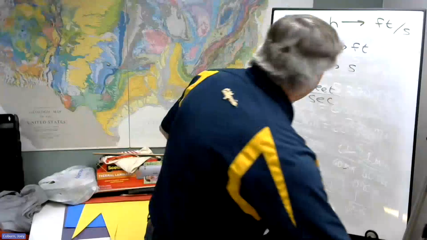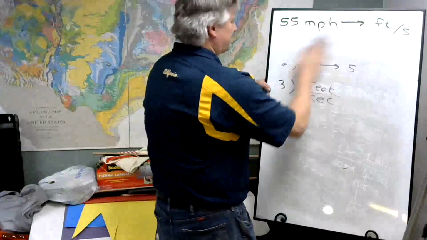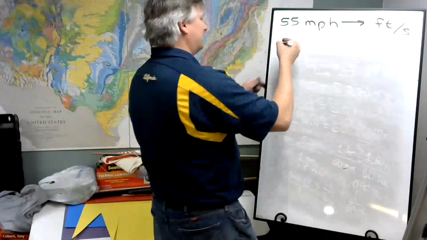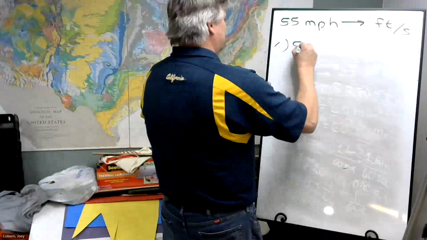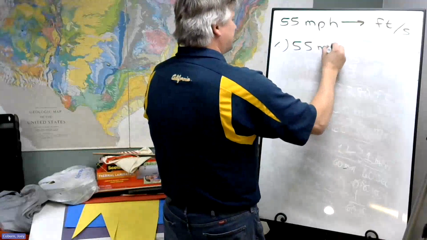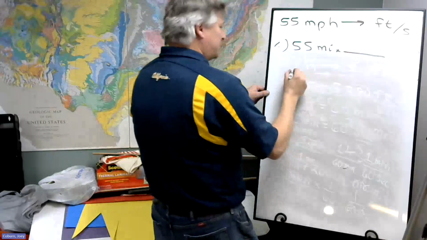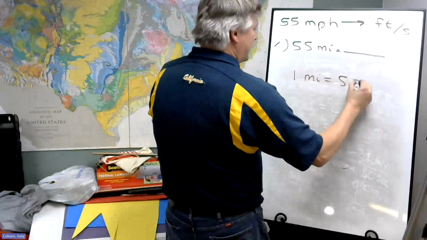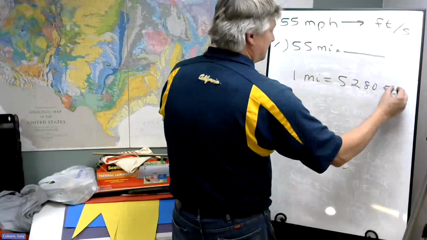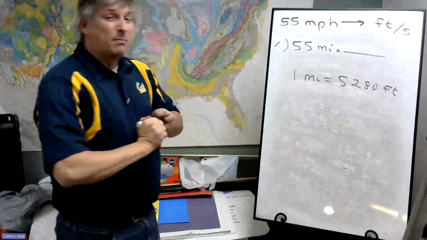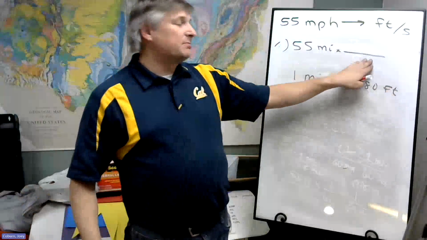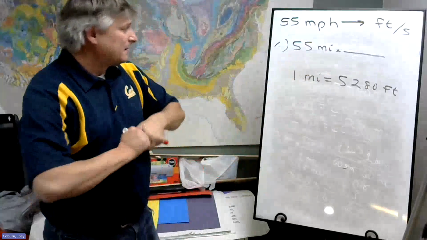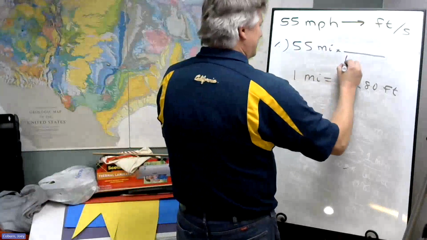So let's do that. First step. 55 miles. And again, we're going to use this relationship that 1 mile is 5,280 feet. We want miles to cancel, so we need the miles to be in the bottom and the feet on top, so feet remain. So we better set it up like this.